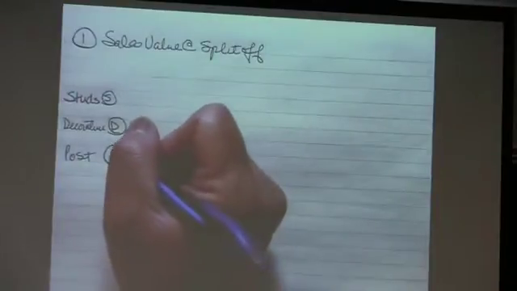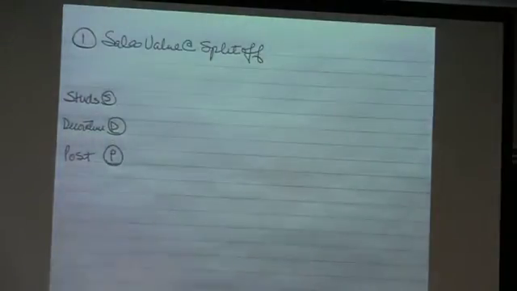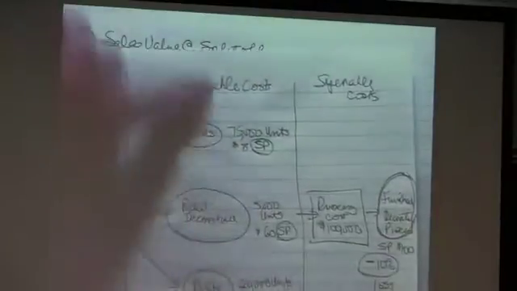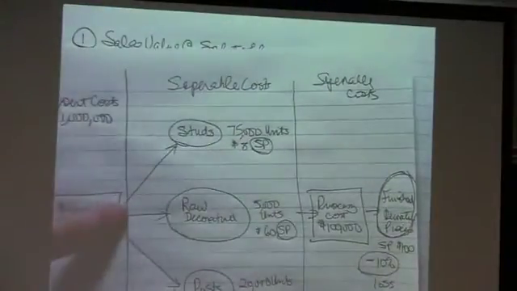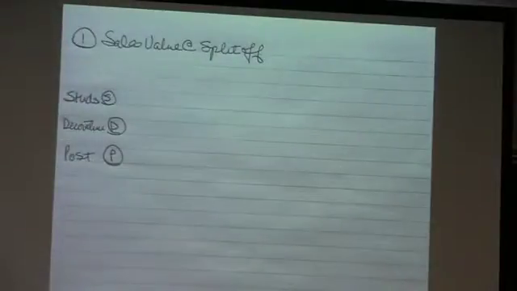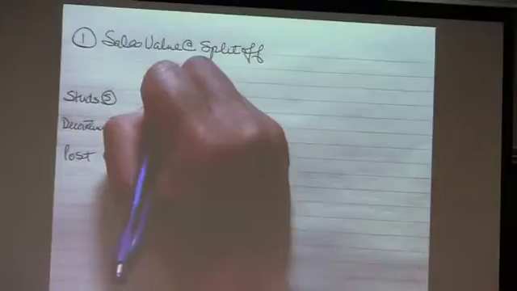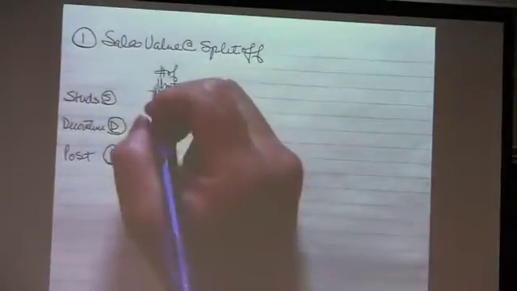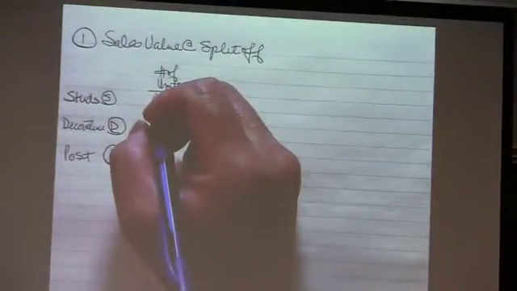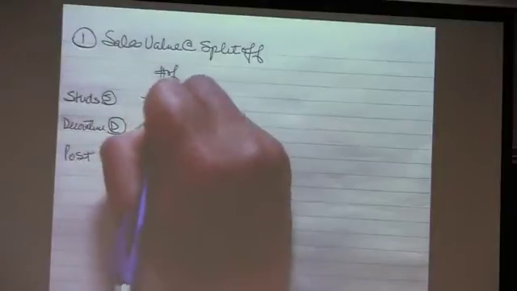Now, what is the output under the sales value at the split off point? So this is the sales value at the split off point. That's the split off from that, right? So the number of units for studs, for S, is 75,000.